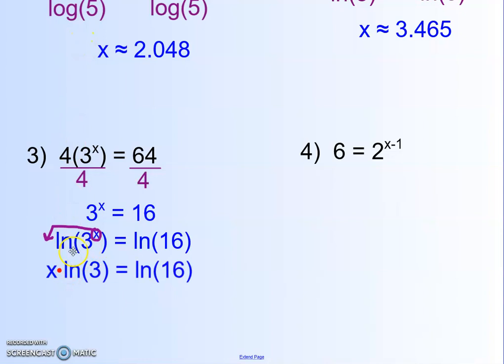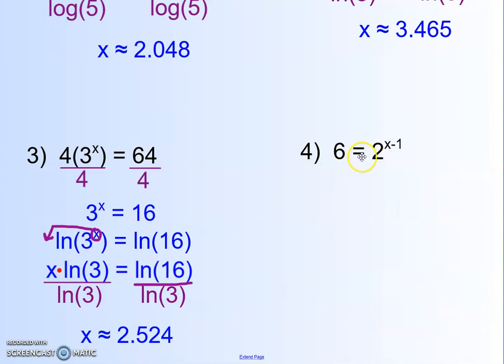So now that I bring the x down with everybody else, I have x times the natural log of 3. I could divide both sides by the natural log of 3, and boom, there's my value of x.